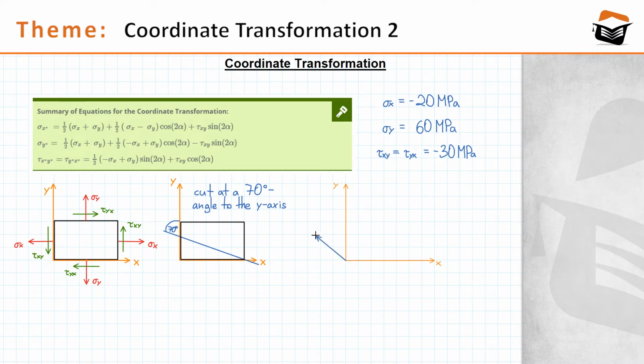So y star will therefore be this axis. Well, in reality, you would need something to measure the precise angle, but here I'm just going to do it by hand.